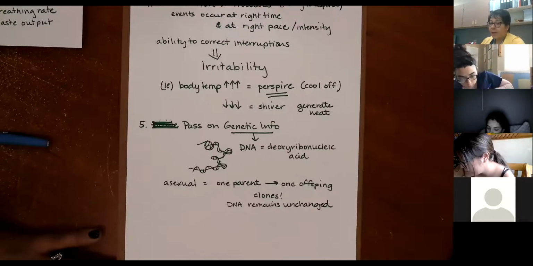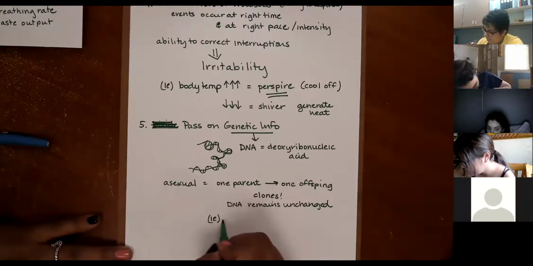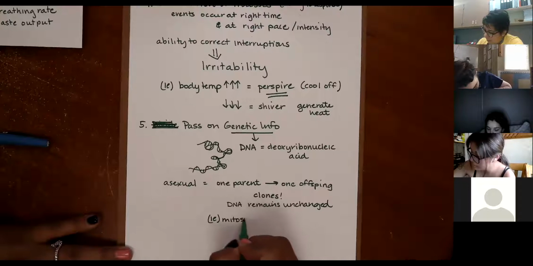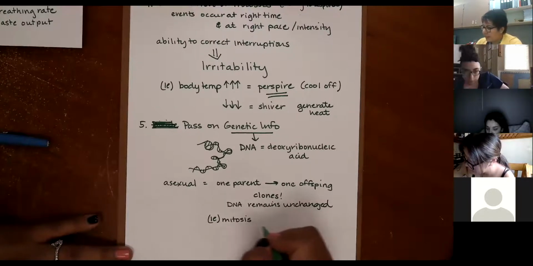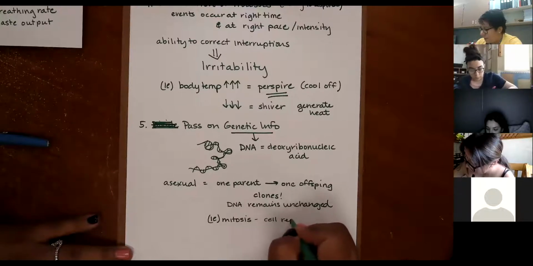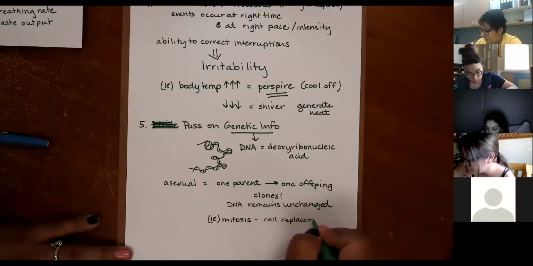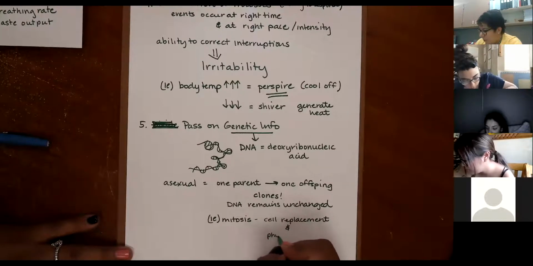An example in people of an asexual process is mitosis. Mitosis means that your cells divide for the purpose of cell replacement and also for physical growth.